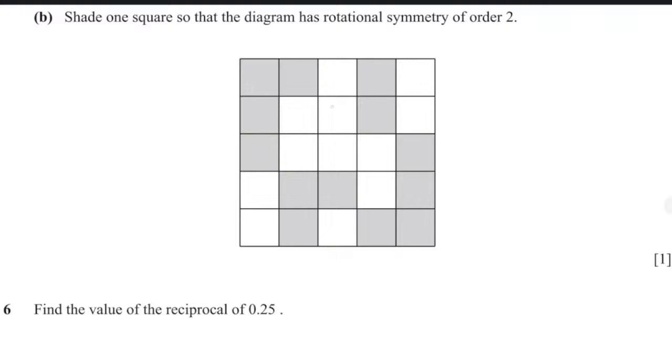So if you shade there, you know why you do that? Yes, it's going to look like this one. When you spin it around, these two boxes here will be these two. Then this one will be here. So that's what you do.